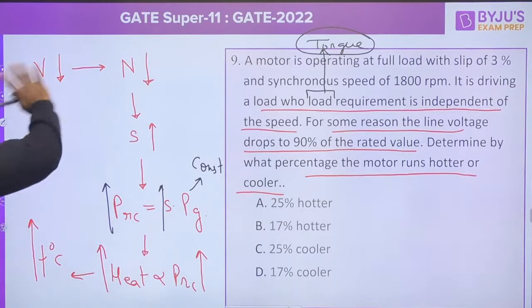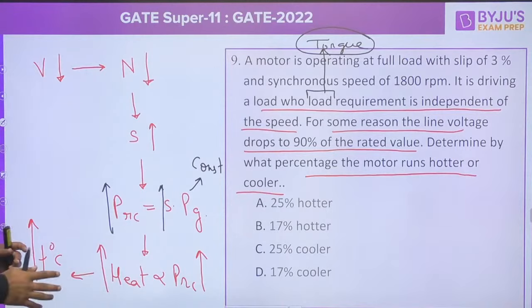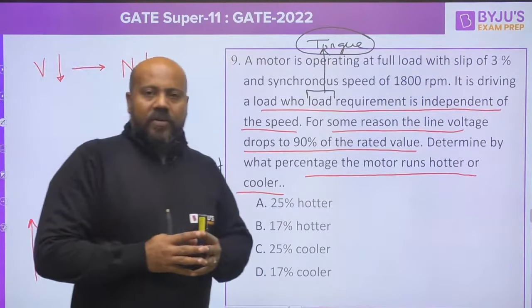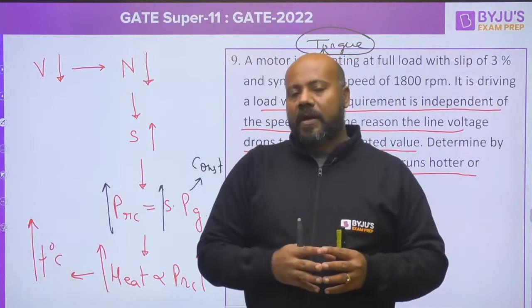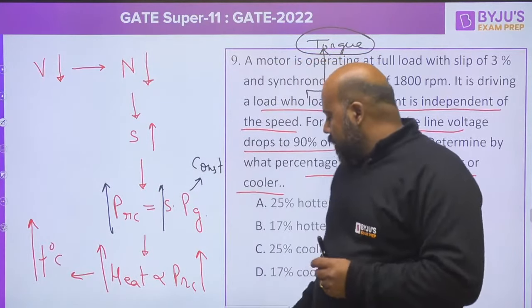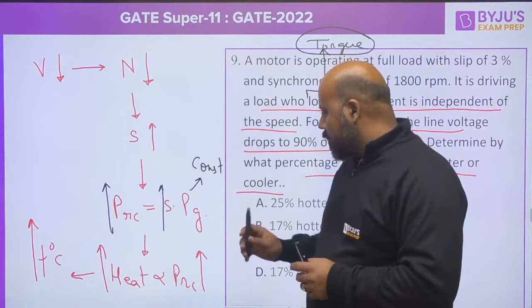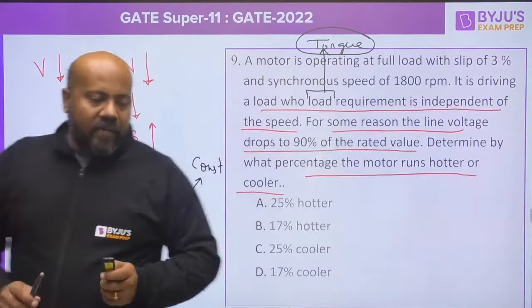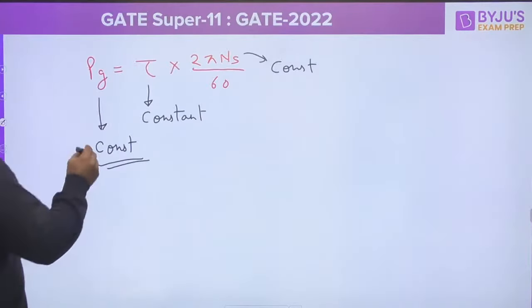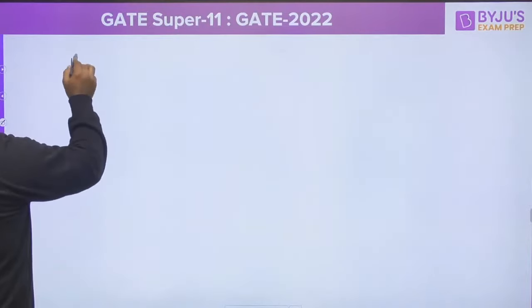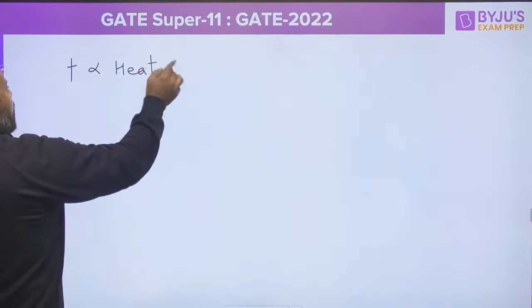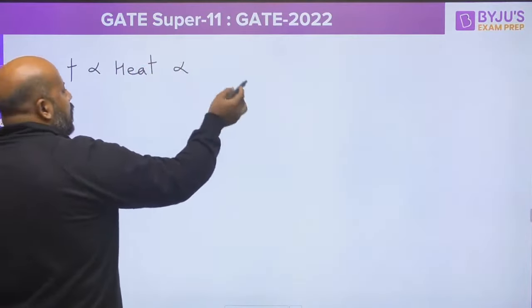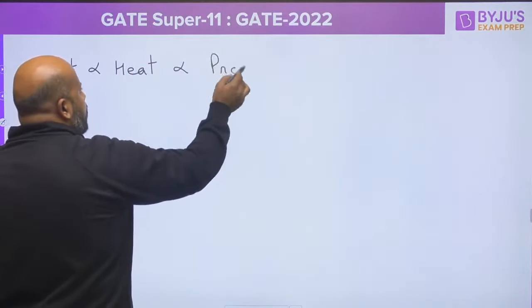Are you getting the picture clear in your mind that if the voltage is reduced, what is the sequence of events that you are going to see in your motor? Understand that one thing we have cleared here, that the temperature is directly proportional to heat and heat is directly proportional to rotor copper losses.